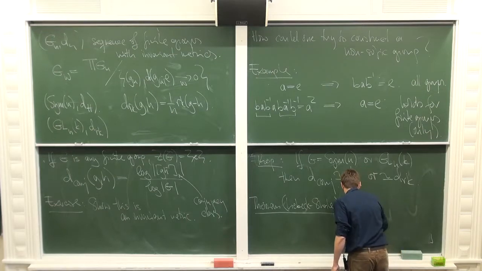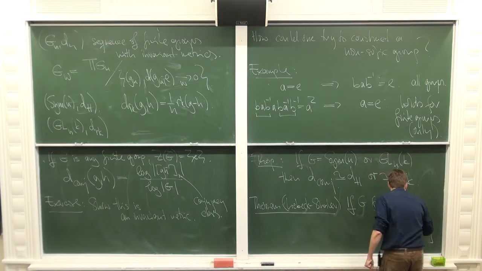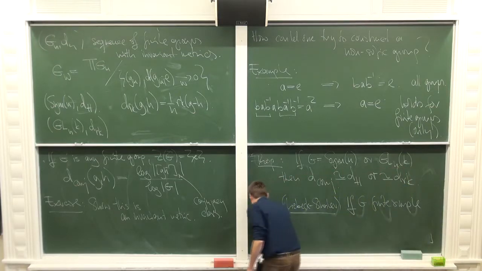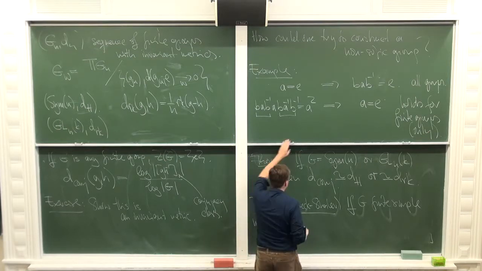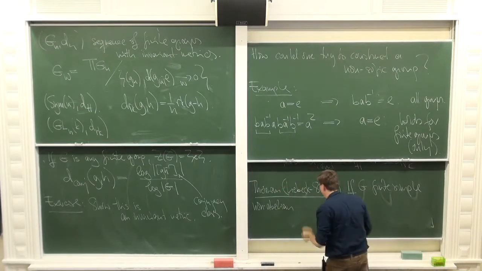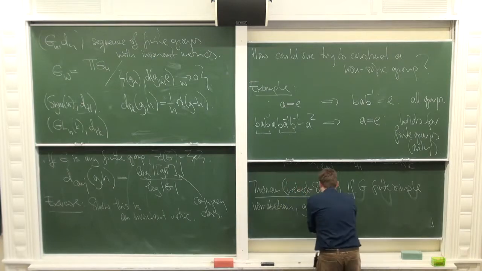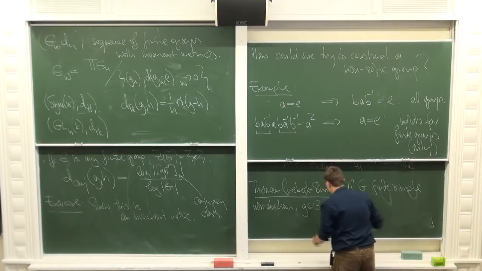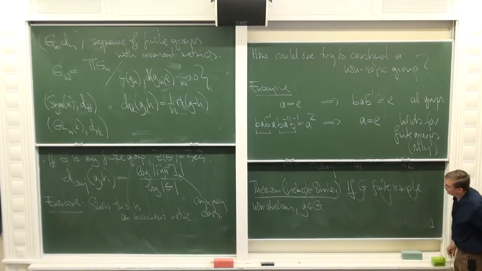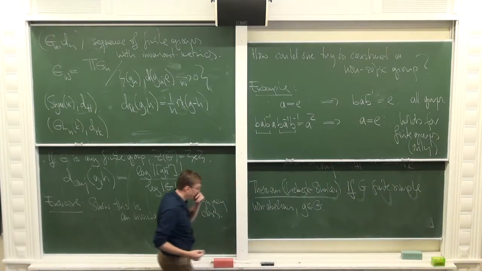If G is finite, simple, and non-abelian, and you have an element g in G, then you can ask yourself, how many conjugates of g do I need to write an arbitrary element in the finite group G?